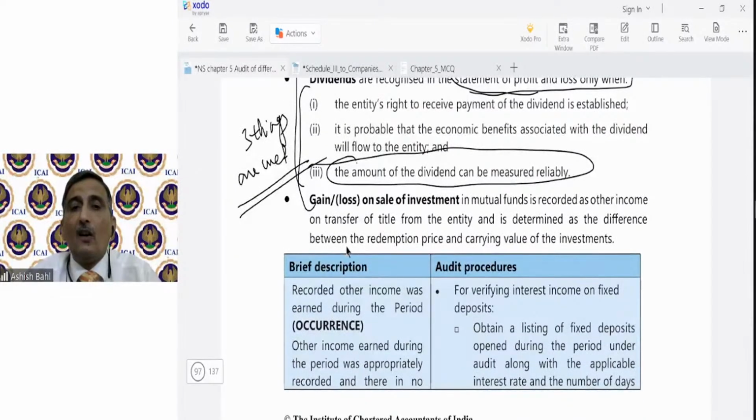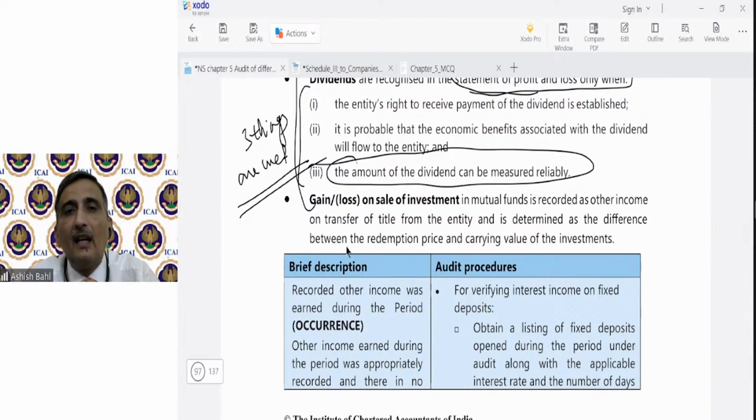So gain or loss on sale of investments. Say if a company has made some investment and ultimately that investment is redeemed during the year, it is sold off. So where would the gain or loss on that investment go?